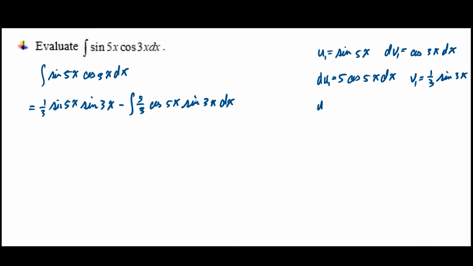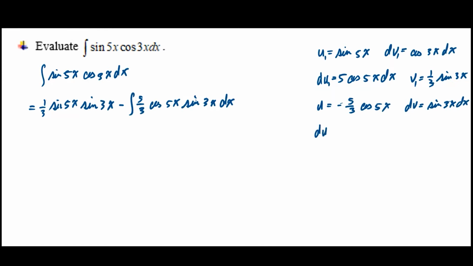And now my new u is equal to negative, I'm going to include a sign here, 5/3 cosine 5x, and dv is equal to sine 3x dx.